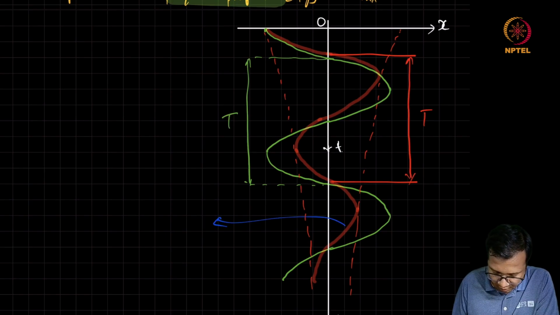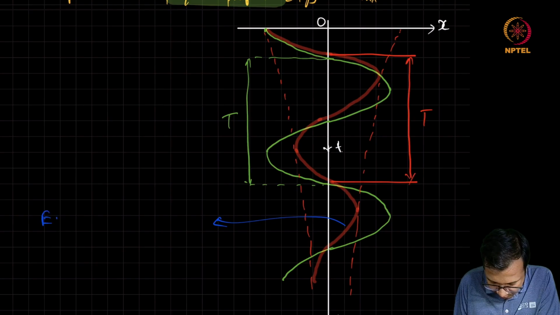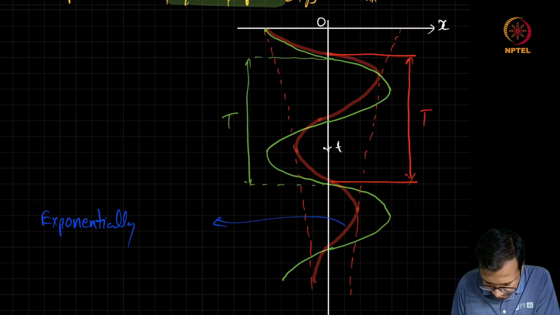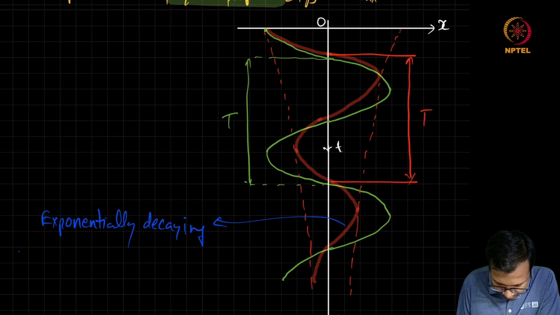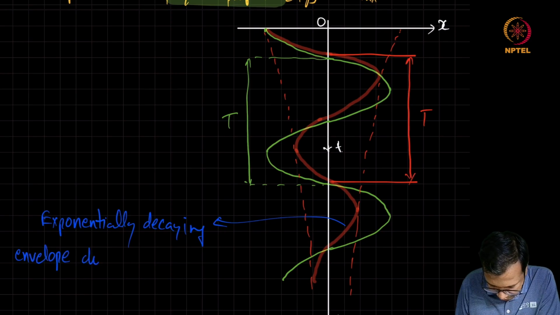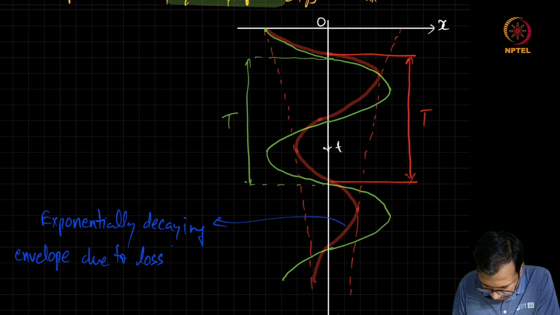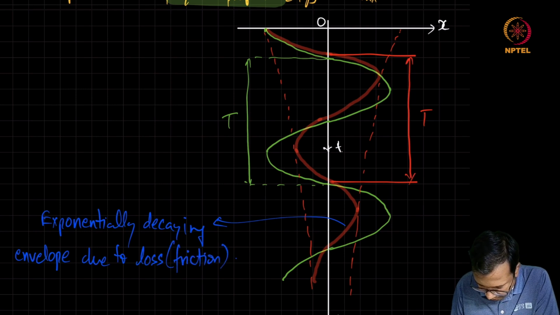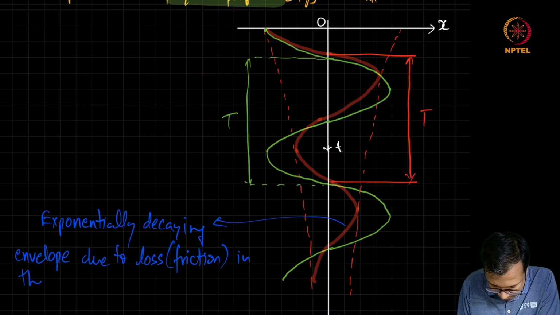We're talking about an exponentially decaying envelope due to loss, in our case, friction in the system.